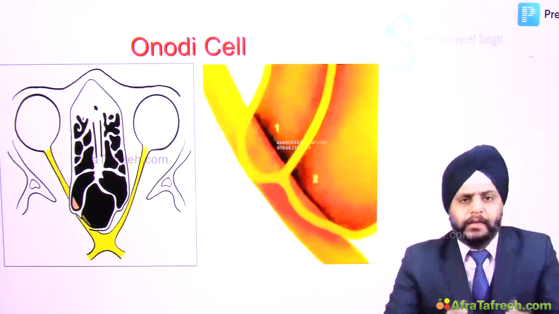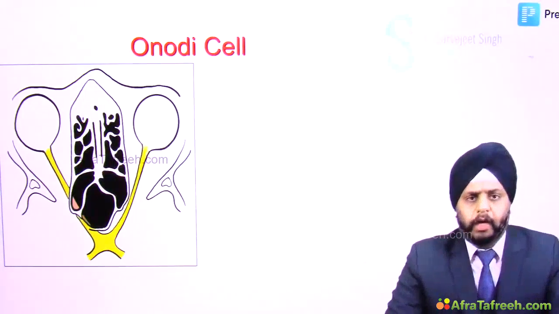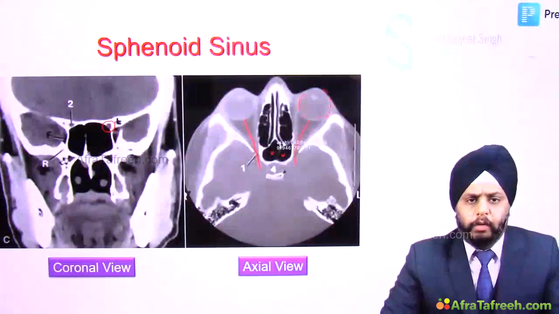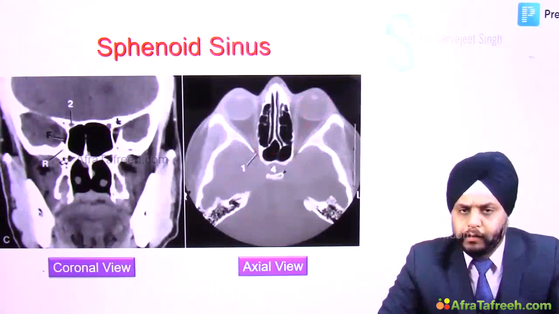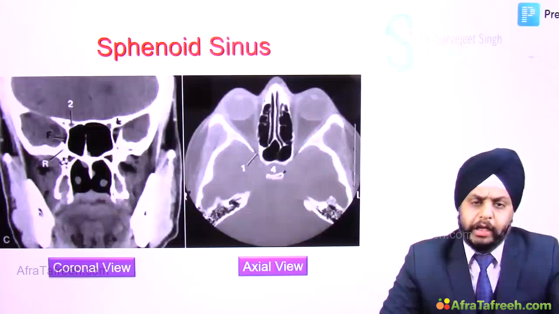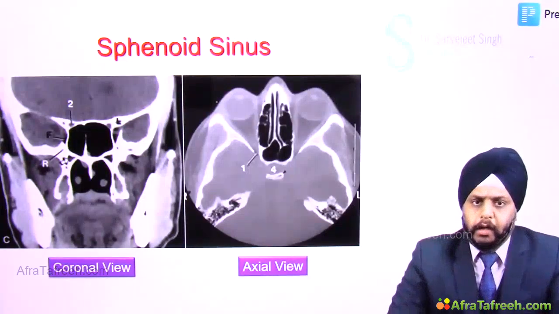So what is the significance of the Onodi cell? Now let's go back over here and look at this axial cross section of the sphenoid sinus. Suppose there is a surgeon and he wants to operate on the sphenoid sinus. So what can he do?